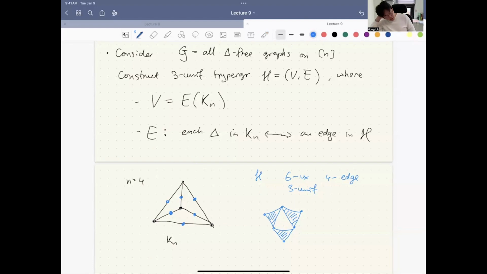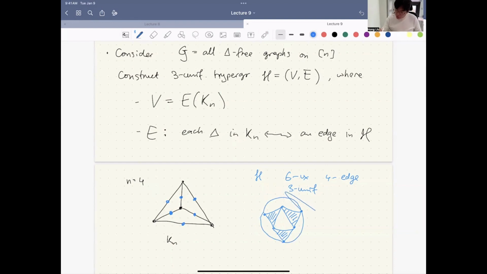Oops. This is a hyperedge. Is this way slightly better?